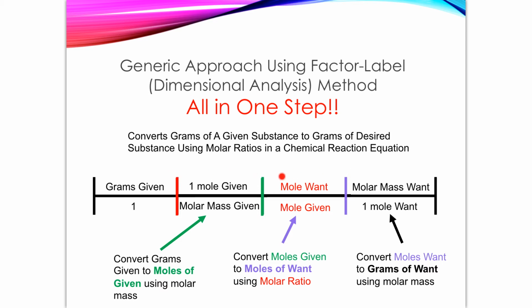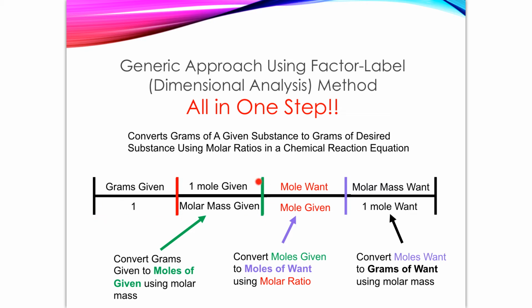And then that answer, moles of want, is the start of the third calculation here. So if you stop the calculation right here, you'd have moles of given. If you stopped it here, you'd have moles of want. If you stopped it here, you get grams of want.